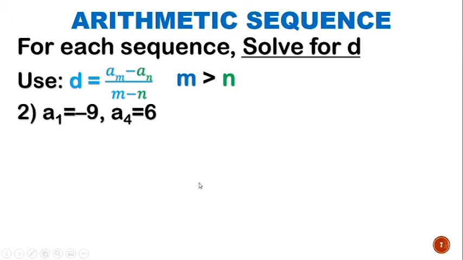So, for the first example, alin daw yung M or A sub M? Yung A sub 1 ba o yung A sub 4? Alright, that should be A sub 4. And this will take A sub N. Bakit? Kasi importante na naman na ma-identify nyo yung values ng M at saka N. In this case, 4 and then 1.